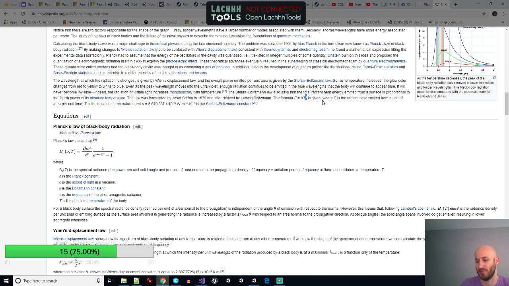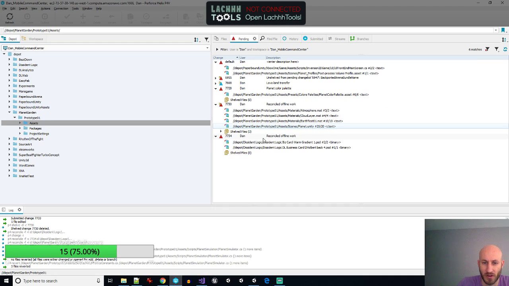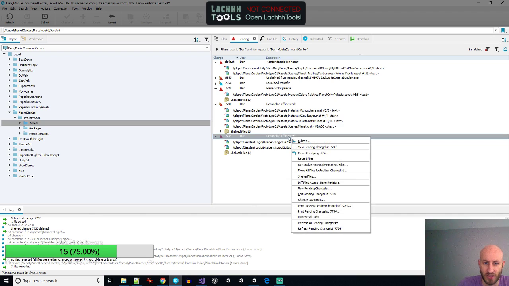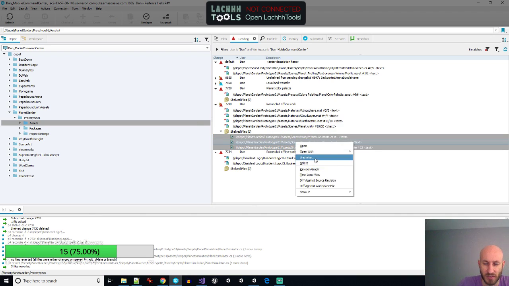This will actually balance it out, so that even if you double the amount of sun coming into your planet, you're not going to double the temperature. It'll be somewhat less than that, because the amount of this black body radiation is increasing so quickly. I was working on that before the stream started, so let me bring those changes back in.